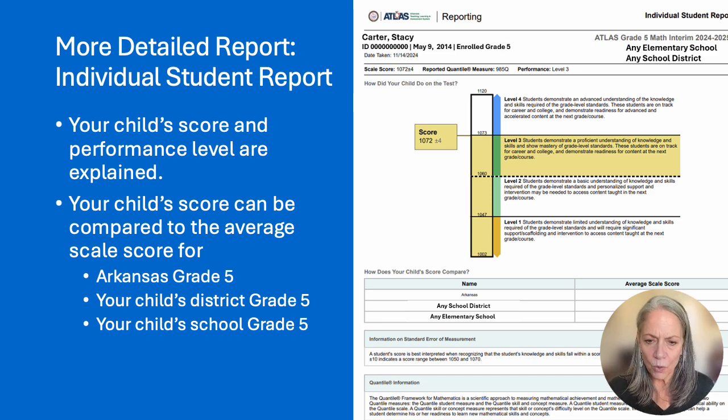So your child's score can be compared to the district, the state, and the school. So all of that information is on this page. There's also some explanation of what the plus or minus means. Again, that's the margin of error around your child's score. So in this case, it's a 1,072 plus or minus 4 points.